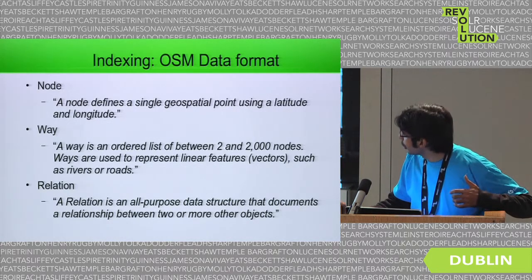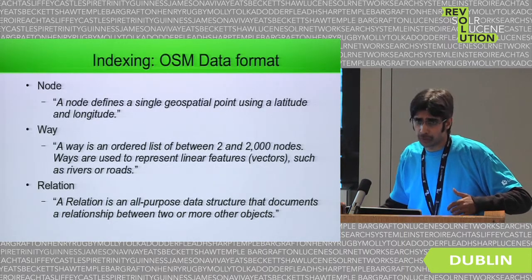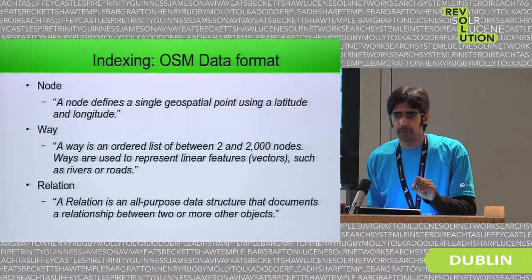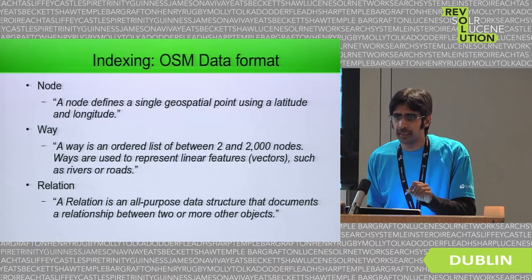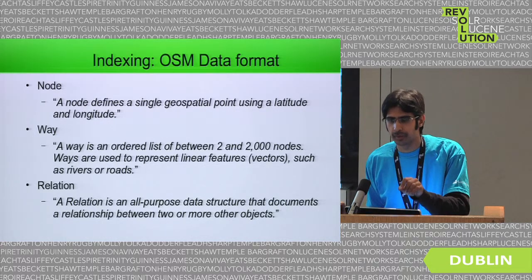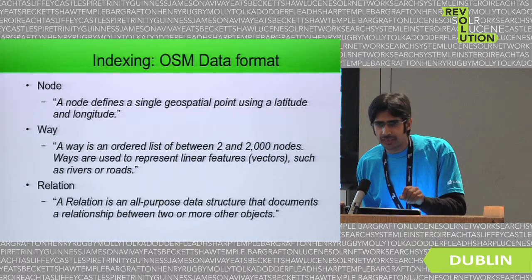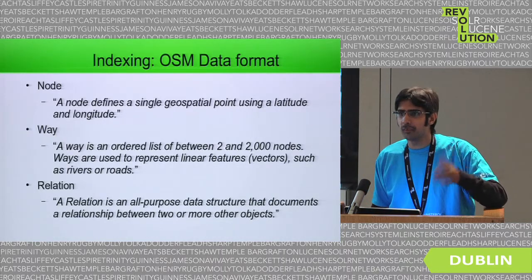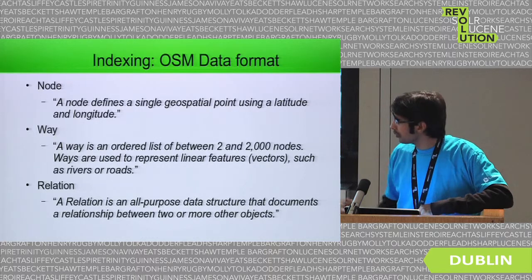A node defines a single geospatial point, a latitude and a longitude. So a node can be a single point in a map. For example, if it's a hotel with no defined boundaries, you can have it as a point marked there. It could be a street intersection. It could be just about anything which is just a single point.